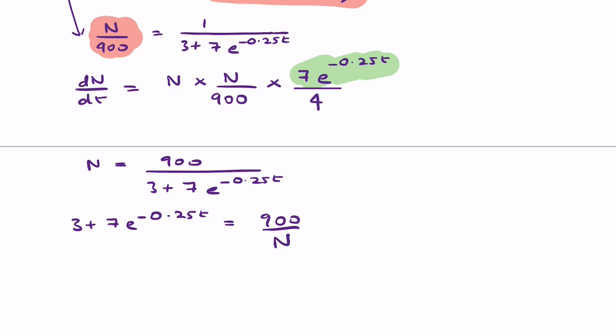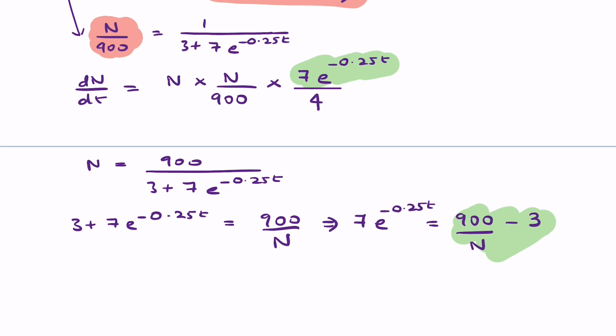And now from here I simply have to take away 3, so that I have 900 over n minus 3. So there we have our 7e to the power of minus 0.25t in terms of n.